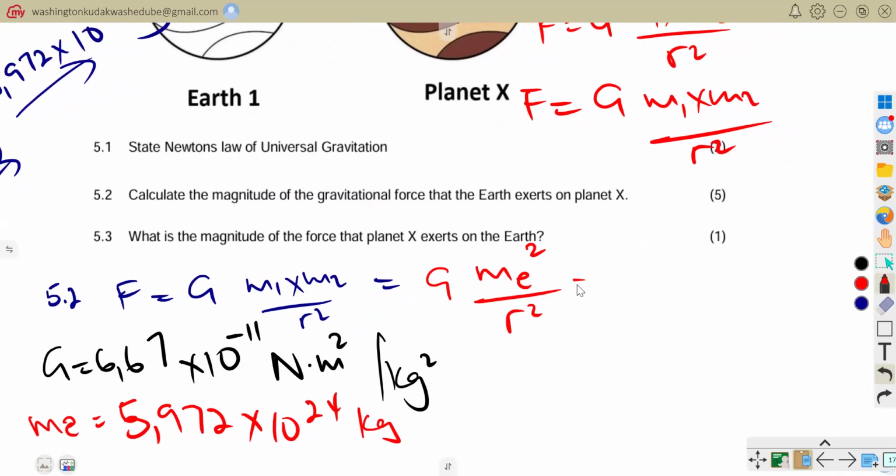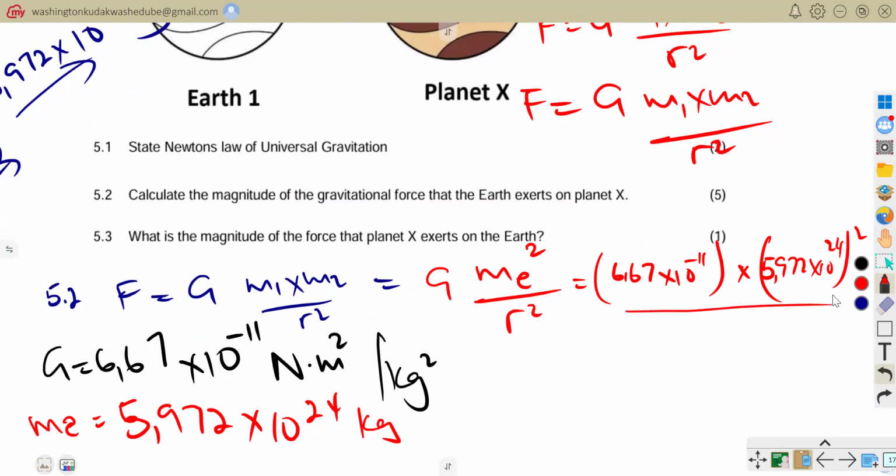So you would say 6.67 times 10 to the power negative 11, and then times 5.972 times 10 to the power 24 squared, divided by, here we were given the distance between the two centers.